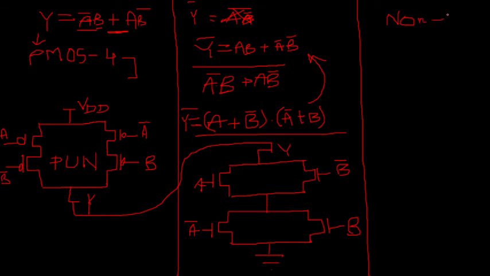non-dual means they should not follow the duality property. That means the transistors should not have the connection series to parallel and parallel to series. So for that case, what you can do, the pull-up network will remain the same. So we will make the pull-up network as it is.